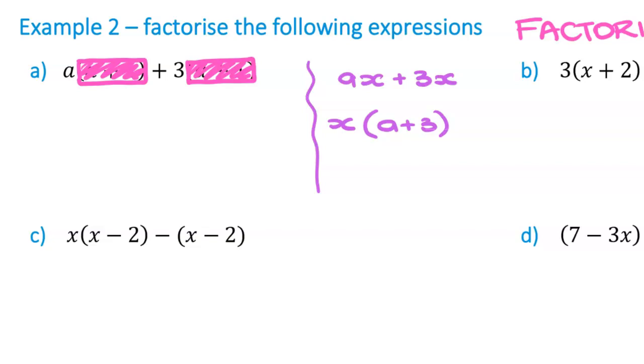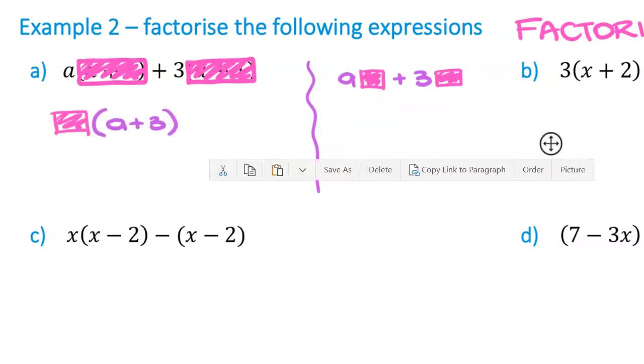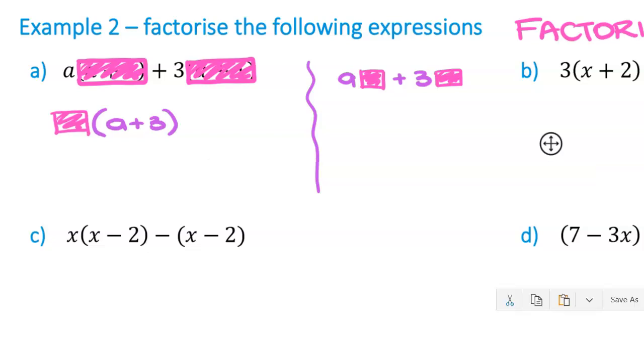So, instead of x, say, we had a box. We had a times a box plus 3 times a box. We would put that box out the front. So let's copy that into what we've done here. Because we have a box in common, we have a times a box plus 3 times a box.